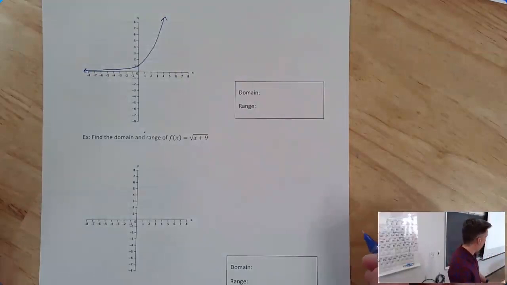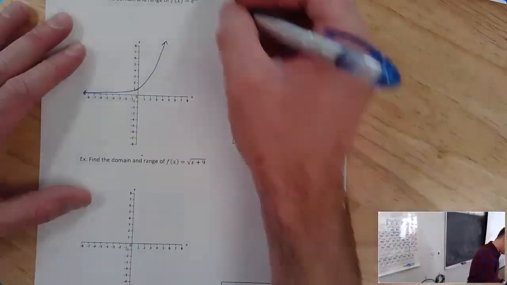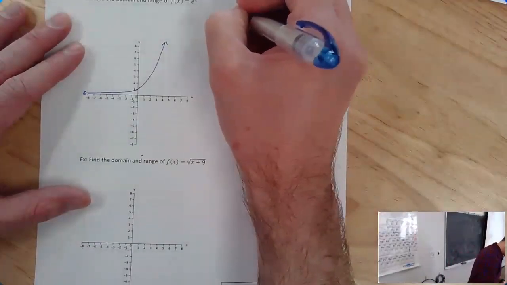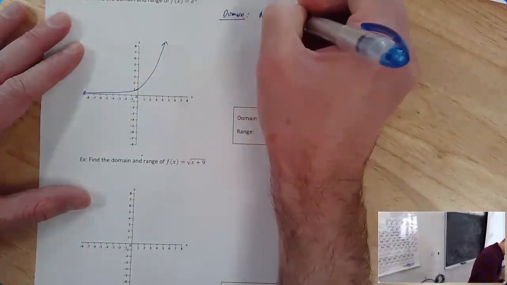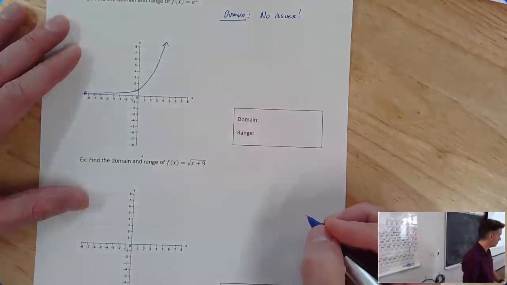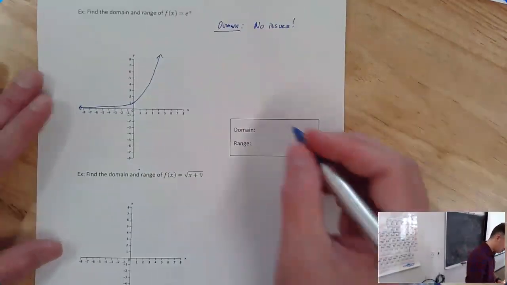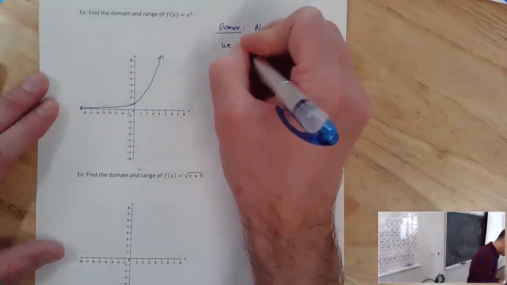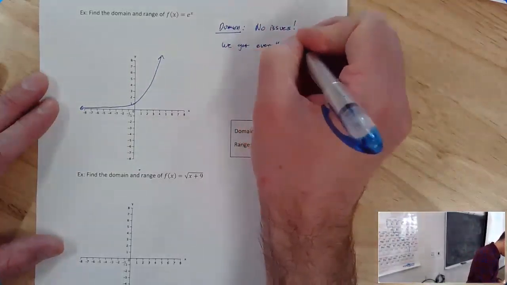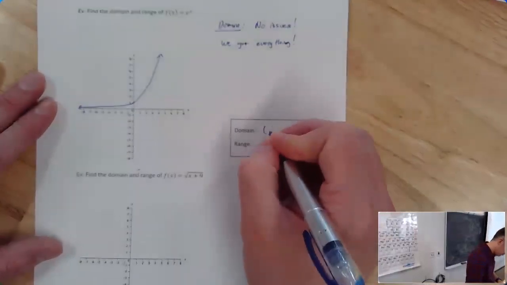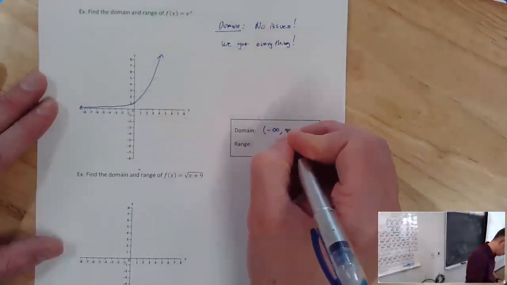And the domain is, well, there's no issues, right? Domain, no issues to be seen. So we get everything. Domain, negative infinity to infinity.